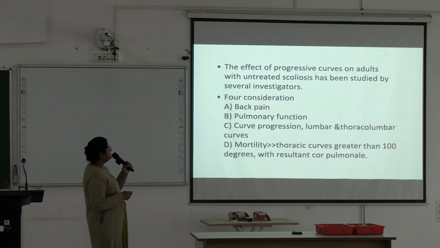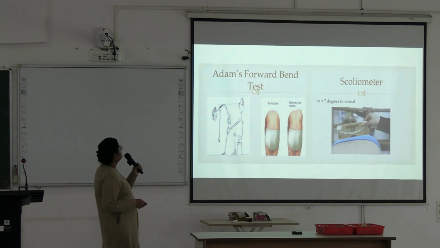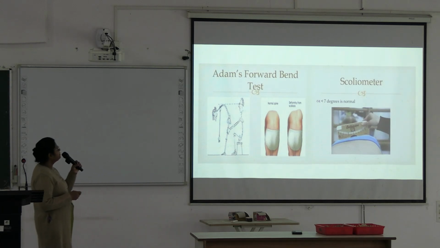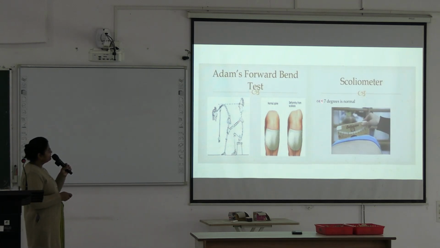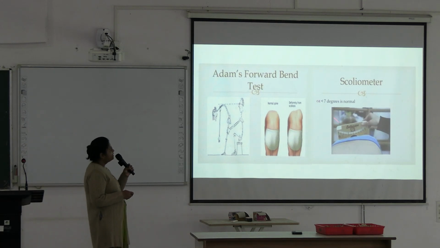You have to consider these four points before going for any surgery or any kind of treatment. Next, this is Adams forward bending test. Scoliometer is used for measurement of the bending. Less than 7 degrees is normal.